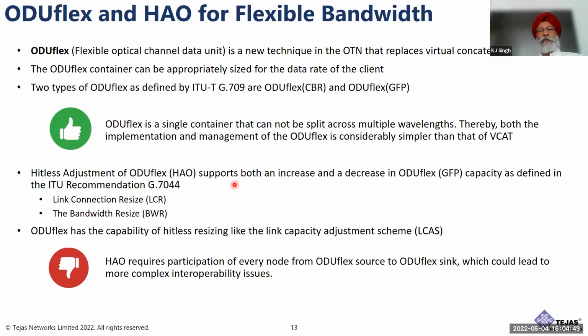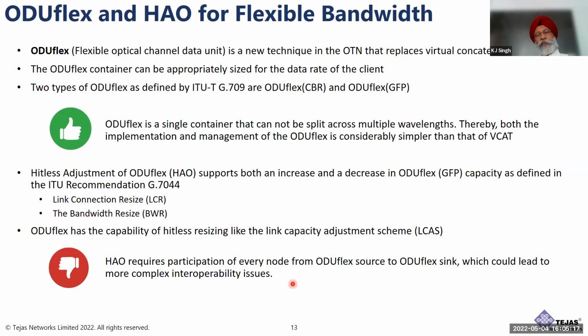There is a way for you to increase and decrease the size of the ODU Flex container, and that's basically called hitless adjustment of ODU Flex. And you can essentially size the connection, and you can also size the bandwidth that's being mapped to that.